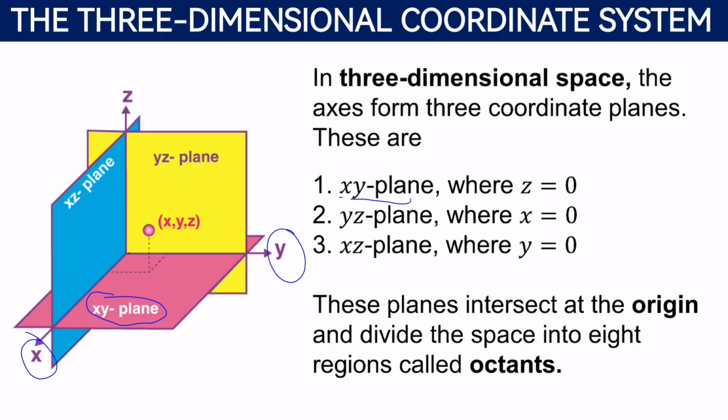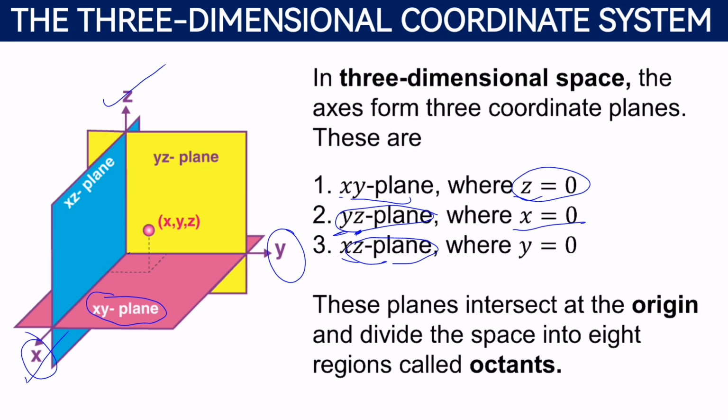That's actually here. The xy plane is the case when z is 0. While the y and the z axis form the yz plane, in this case x is 0. And lastly, the x and the z axis form the xz plane, where our y is 0.